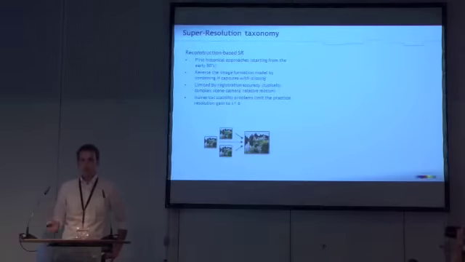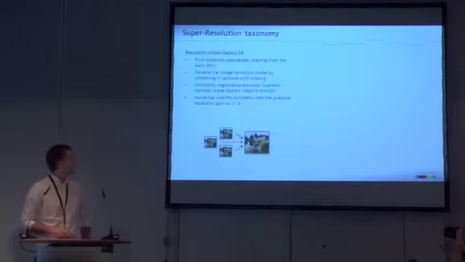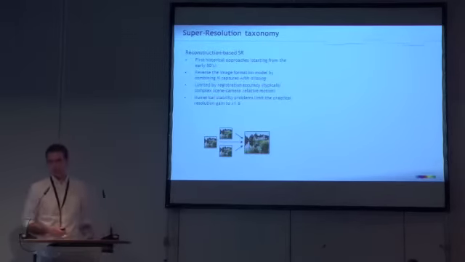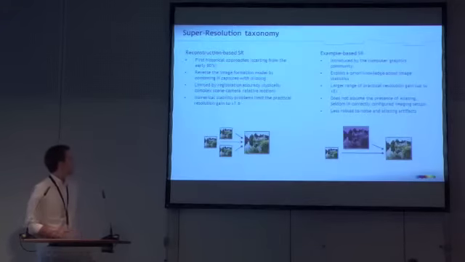For that, you need to have several captures that you can combine, and basically, you are relying on the presence of aliasing in the input images. However, such a family of methods is strongly limited by numerical stability problems, and the maximum feasible resolution gain is around 1.6. It's a theoretical limit, so it's actually quite limiting.